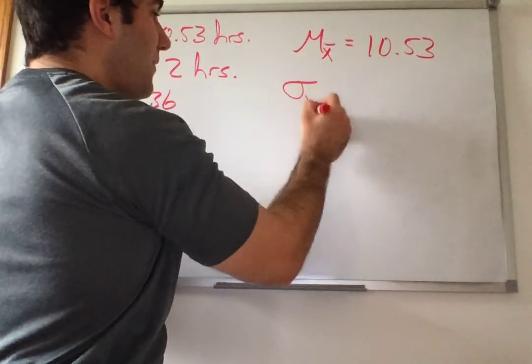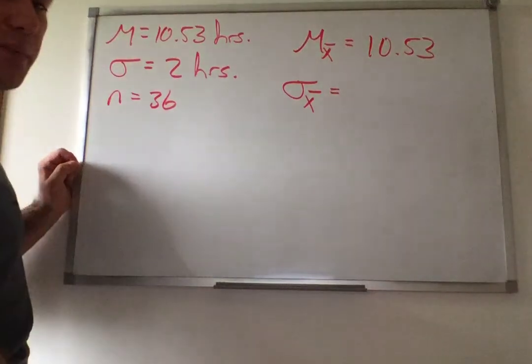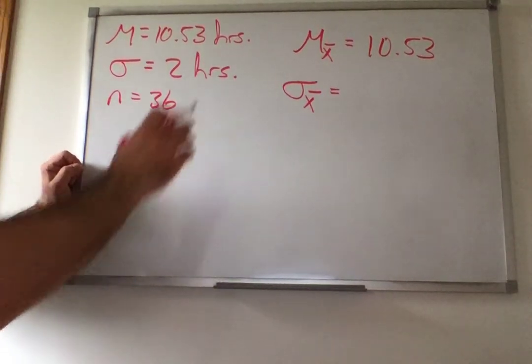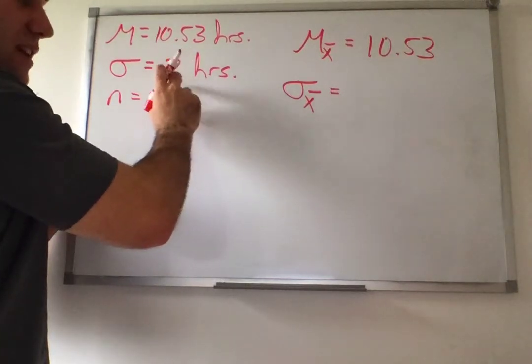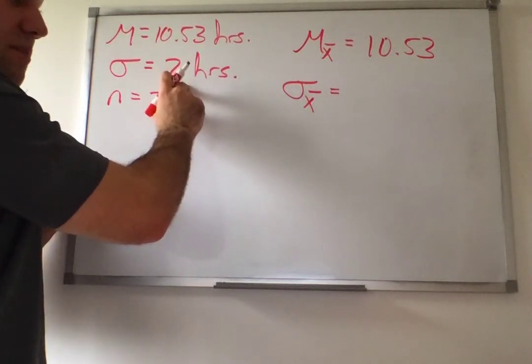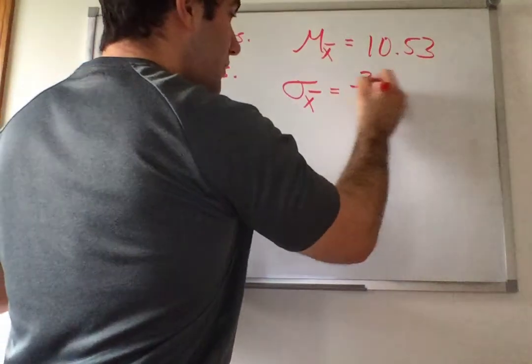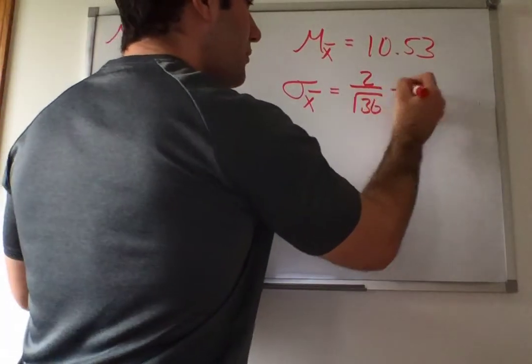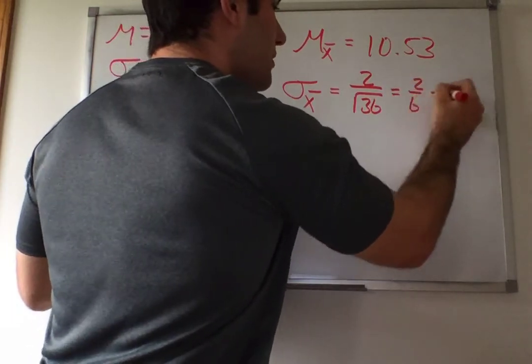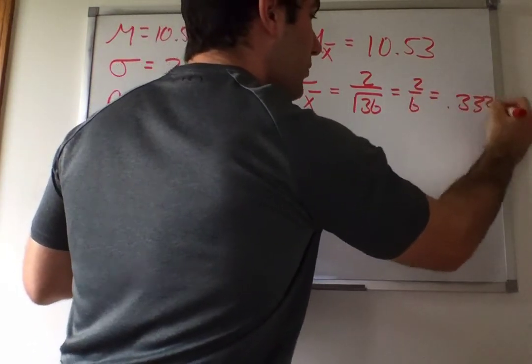We also have to find the standard deviation of the sampling distribution. The standard deviation of the sampling distribution is whatever the standard deviation is for the original random variable divided by the square root of the sample size. Well, that's 2 over 6, which is 0.333. It repeats.